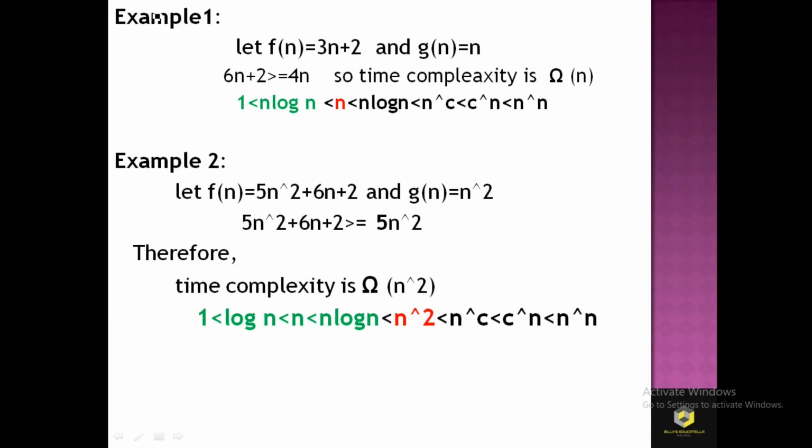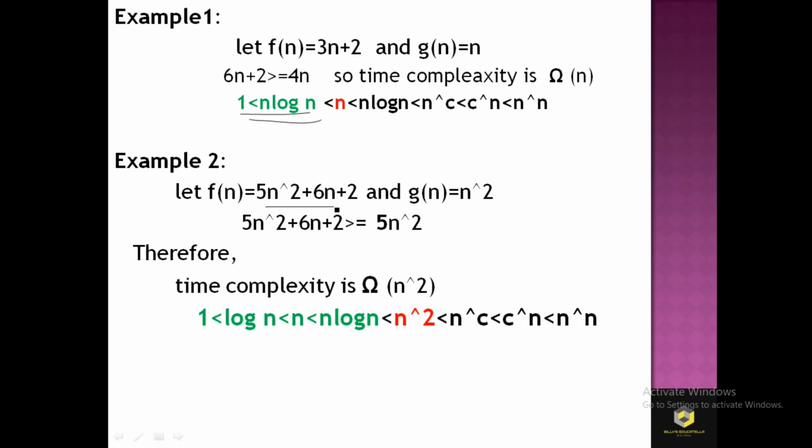As I discussed in the example for theta notation and big O notation, here the equality condition holds, so the time complexity is big omega of n. So we can say that not only n, but the values 1 and n log n can also be used in this case of a linear polynomial.